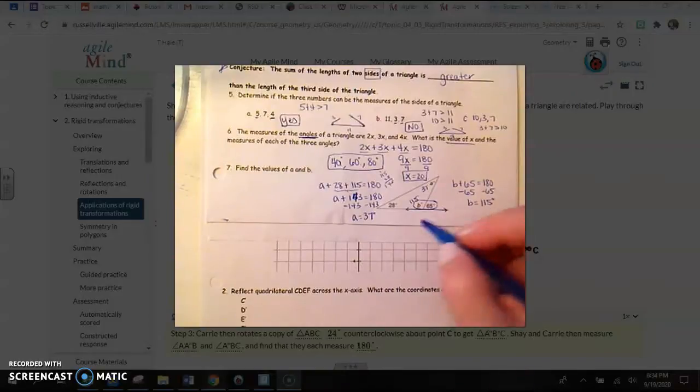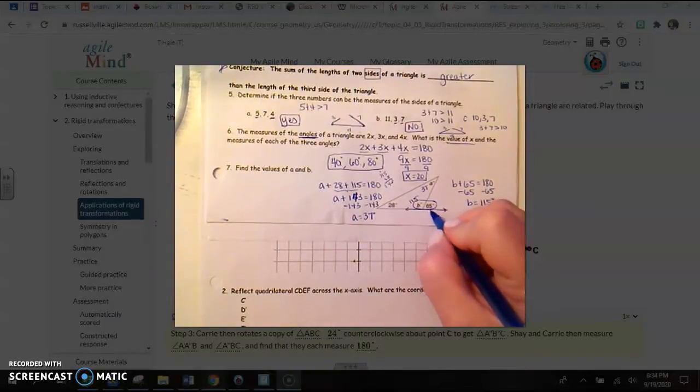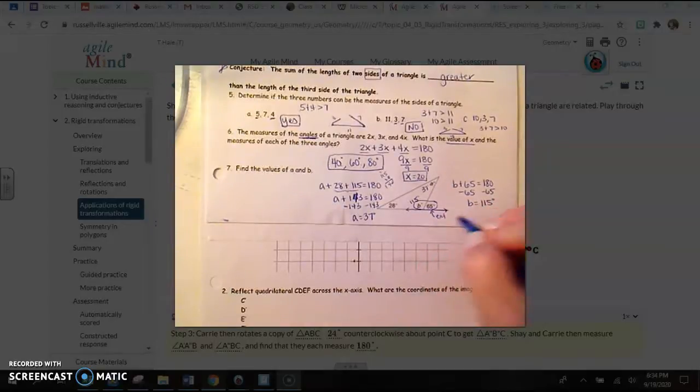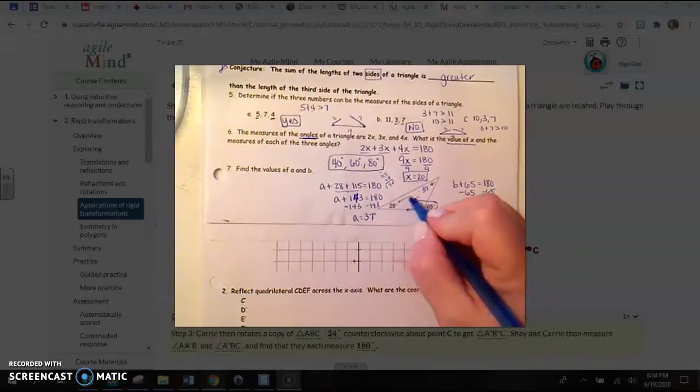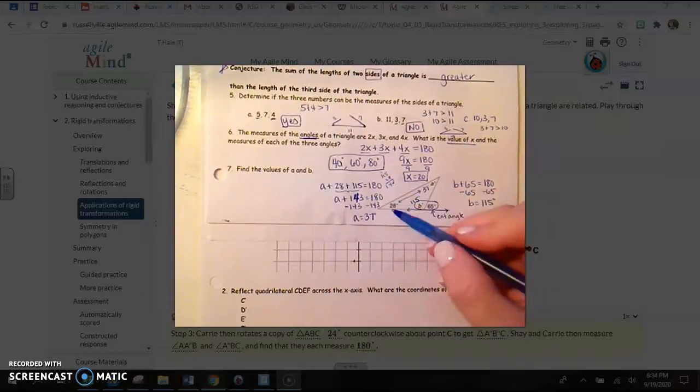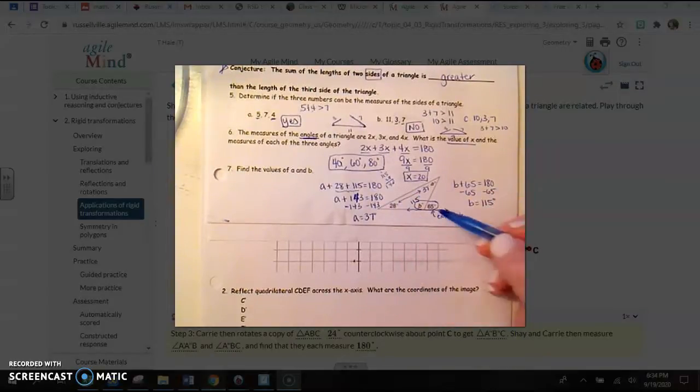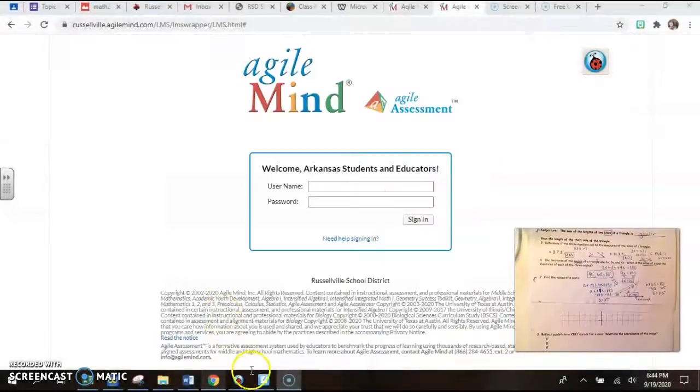I do want to show you something that we'll get to later in the year. Notice this outside angle, we call this an exterior angle. Notice that it equals the sum of these 2 angles together. 28 plus 37 is 65. So that is a relationship that we will look at later in the year as well.